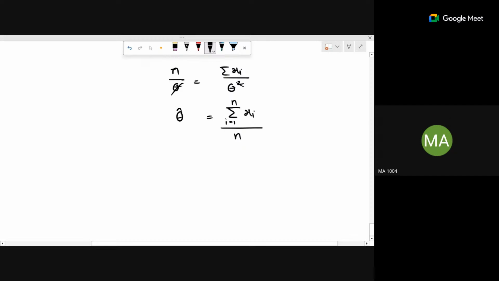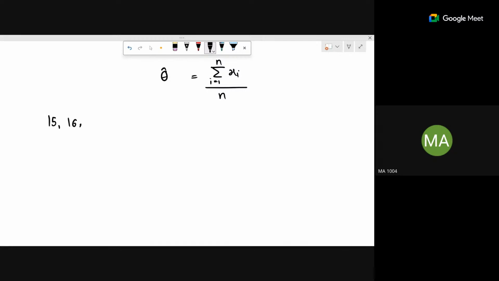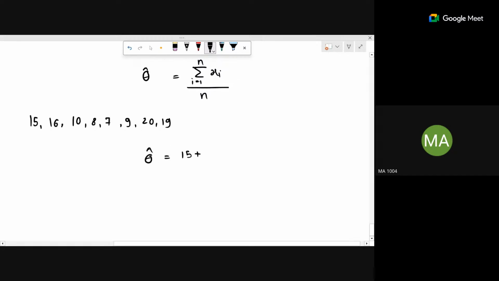Now we have the sample values, so we put all these values of xi, sum them and divide by n. The values given to us are 15, 16, 10, 8, 7, 9, 20, and 19. Counting 1, 2, 3, 4, 5, 6, 7, 8, n is 8. So we add all these terms and divide by 8. The sum comes to 104. 104 by 8 is divisible, giving 13.